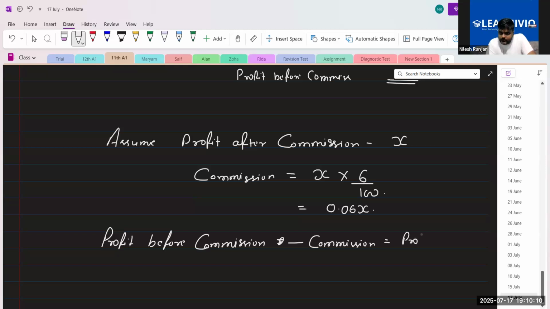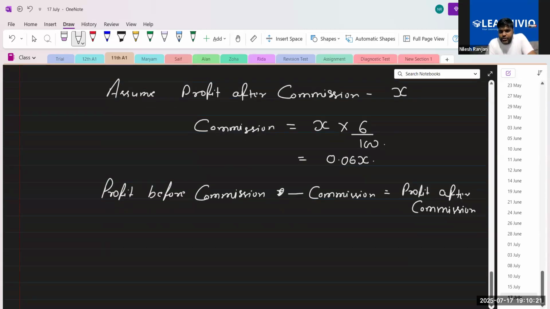This part is clear? Yes, sir. So in this part, commission we have assumed 0.06x and profit after commission we have assumed x. But profit before commission is given in the question.